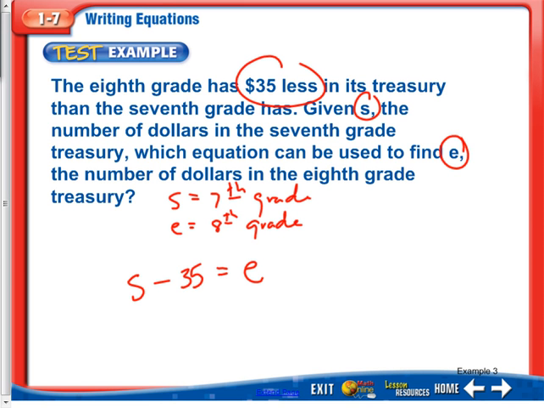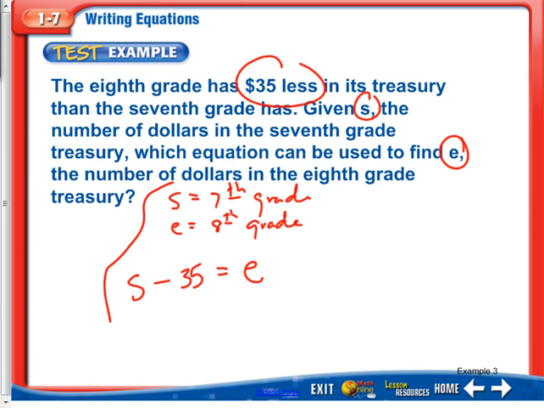Okay, now let's make sure that that makes sense. If our 7th grade minus 35 is equal to 8th grade, then that means that 8th grade is less than 7th grade, because 7th grade minus 35 gives us our 8th grade. So let's make sure that makes sense. The 8th grade has $35 less in its treasury than the 7th grade has. All right, so that makes sense.